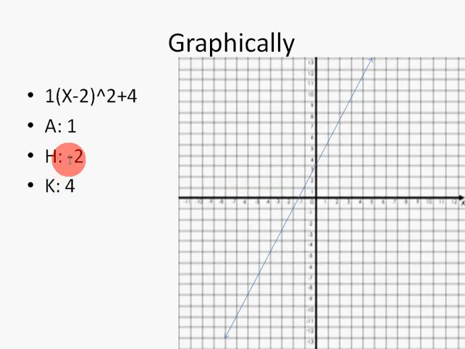And now we have h, which is negative 2, and that controls the x-axis. But you plot the opposite number, so the negative 2 is actually 2, and then the k is the y-axis, which is 4. So your vertex is going to be at (2, 4) right there.